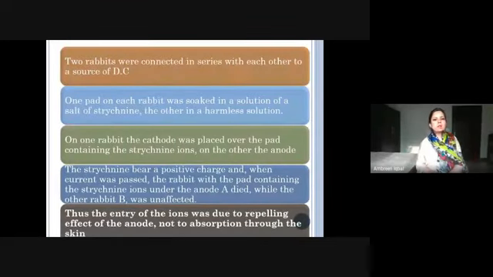The strychnine ions have a positive charge. So when the current was passed, the rabbit with the pad containing the strychnine ions under the anode, rabbit A, died, while the other rabbit B was unaffected. So this experiment proved that the positively charged ions are repelled by the electrode of the same charge, meaning the anode.